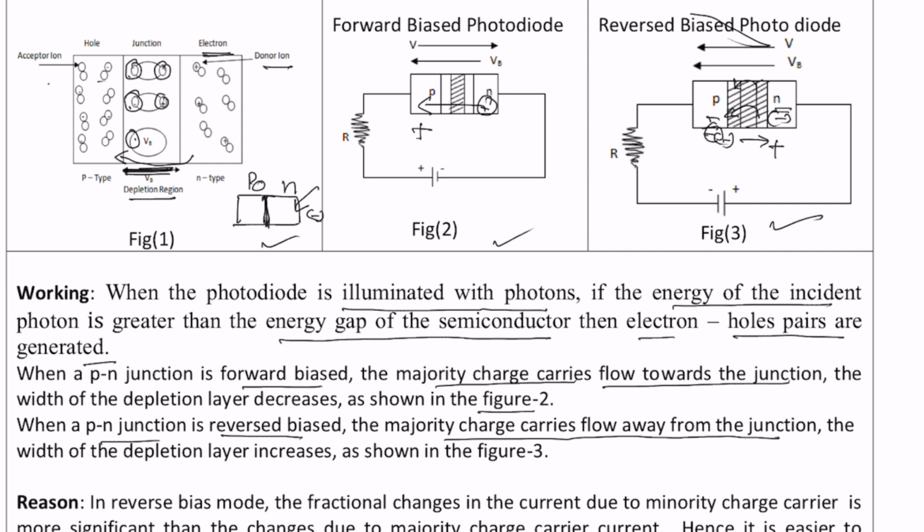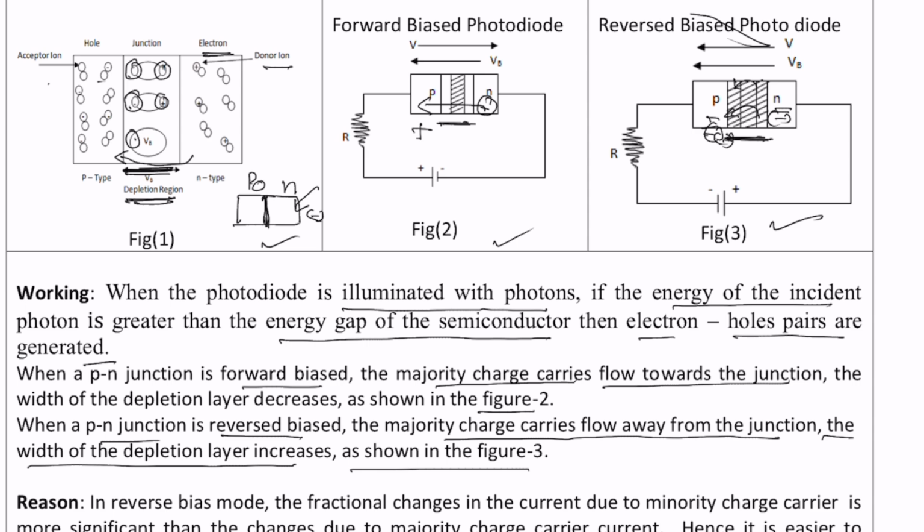The width of the depletion layer increases, which means this will provide a barrier to this flow, correct? As shown in figure 3. So if you see the depletion region here, when it is connected with neither forward bias nor reverse bias, the depletion width is less, but in reverse bias we have shown that the depletion region is increased.